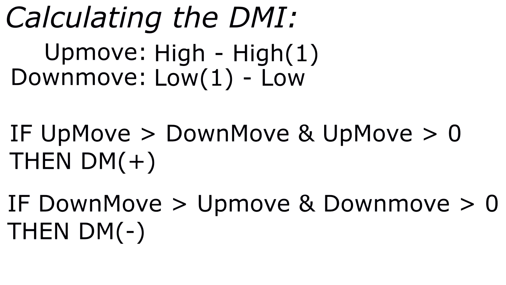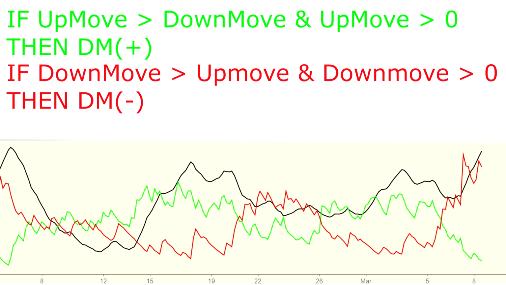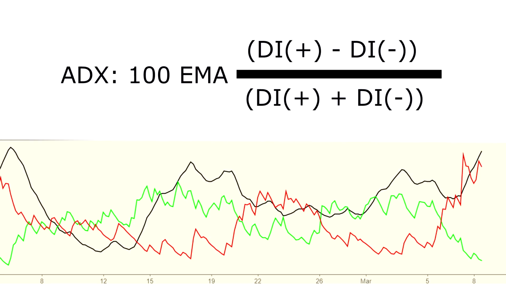If the down move is more than the up move and the down move is positive, this is a DM negative. The lines shown are the 100 times EMA, or exponential moving average, of these calculations over the average true range. And the ADX is the 100 times EMA of the DM positive minus DM negative over the DM positive plus DM negative.